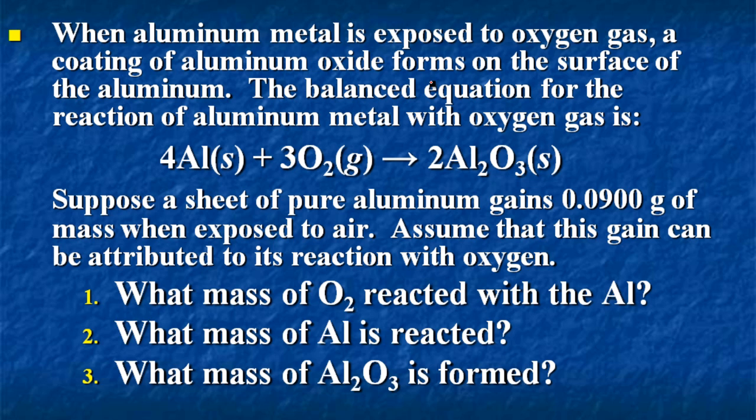The mass of aluminum oxide formed is 0.09 grams, because otherwise how will the mass of the aluminum sheet increase? It has to be because an aluminum oxide coating is on top of it, right? Is that clear, guys? Making sense now when you think through it?